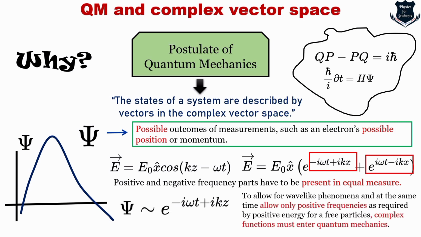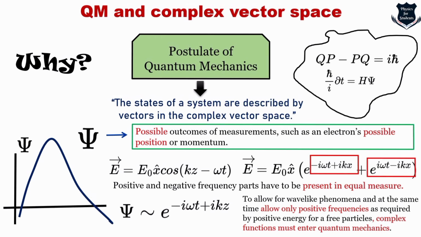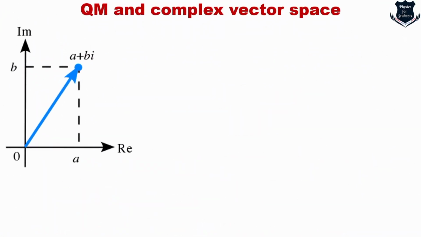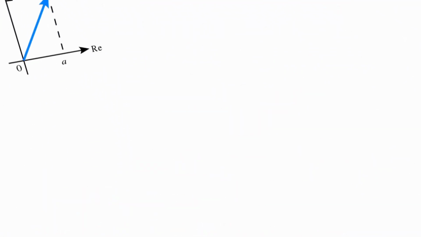So if I take the Greek letter psi and it is proportional to the exponential of minus i omega t, then it allows for wave-like phenomena and at the same time allows only positive frequencies, and complex functions must enter into quantum mechanics. If you see the earlier video, I explained in detail that when we allow only positive frequencies, complex functions, and thereby the complex vector space, come into it. Okay, let me show it on a fresh page.